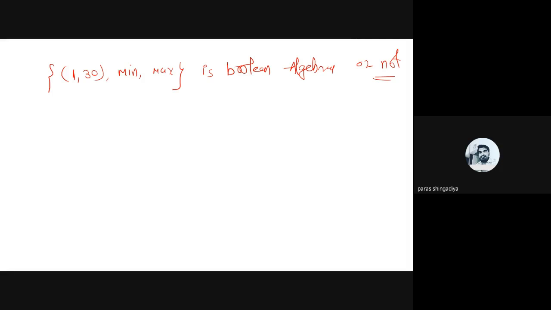Okay, so just try it by yourself. Can we say 1, 30 with minimum and maximum is a Boolean algebra? I just consider two values, okay? In the previous one, four values were included, 1, 3, 15, 24. And now I just modified the set. So can we consider this form a Boolean algebra?